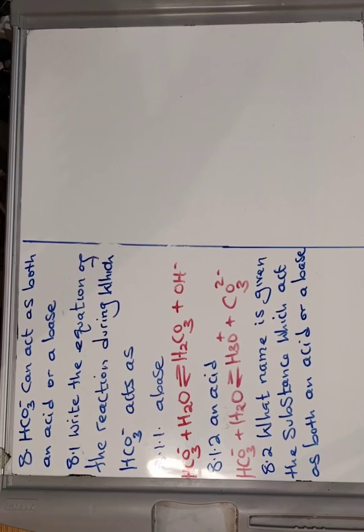So then comes this question. It says, what name is given to the substance which acts as both an acid and a base? The substance is an ampholyte.